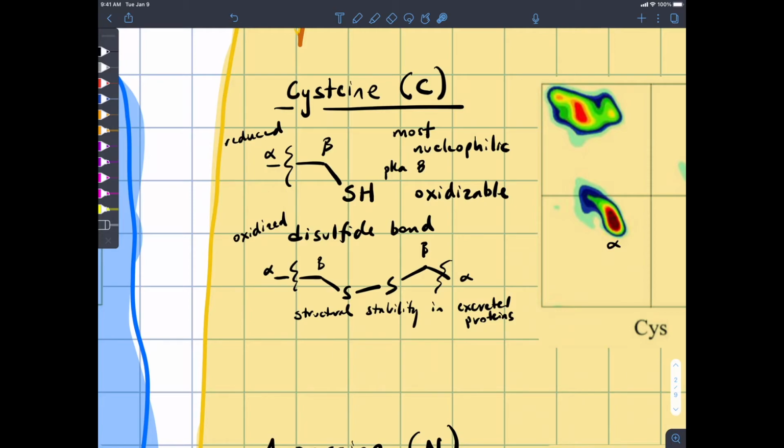One thing that's useful to know is that the cytosol in eukaryotic cells is a reducing environment. So there aren't any disulfide bonds in proteins in the cytosol. Disulfide bonds form in proteins that are exported through the ER and the Golgi because the ER and the Golgi are oxidizing environments.